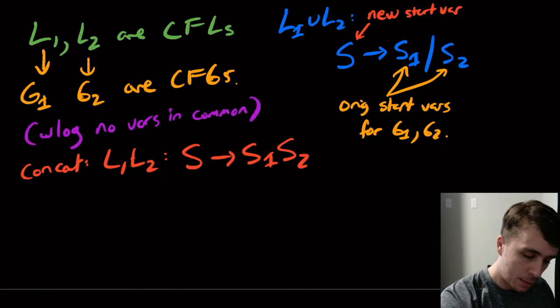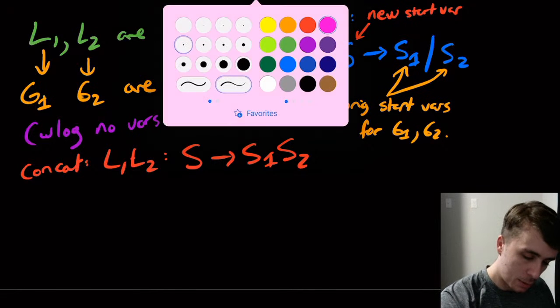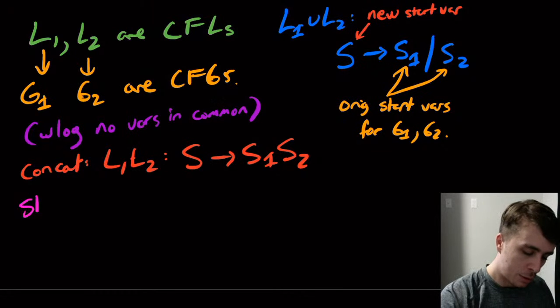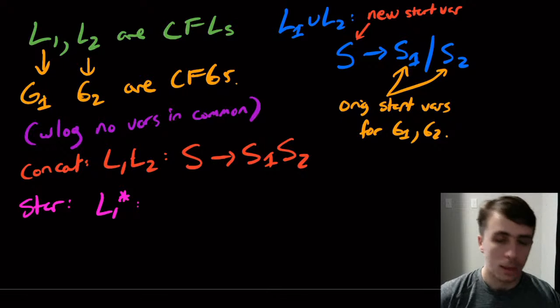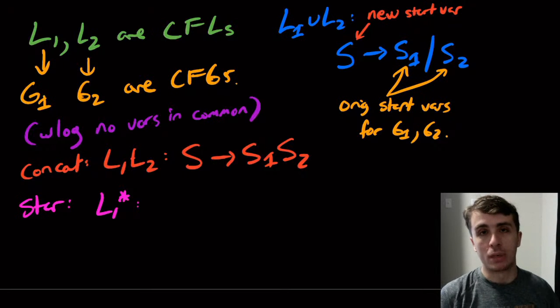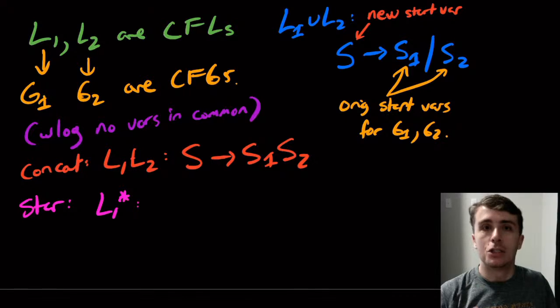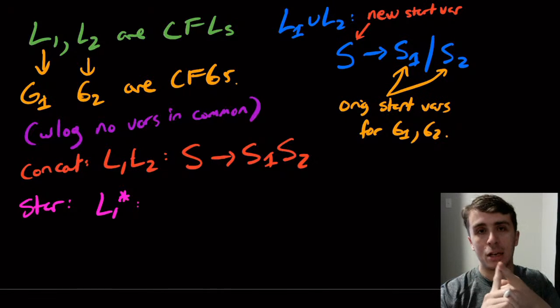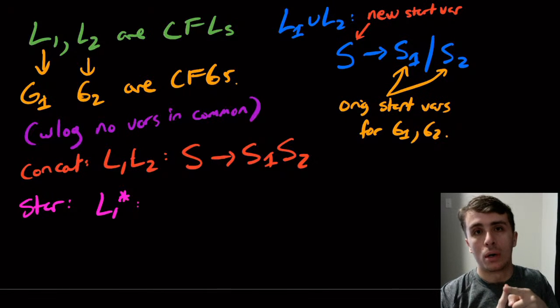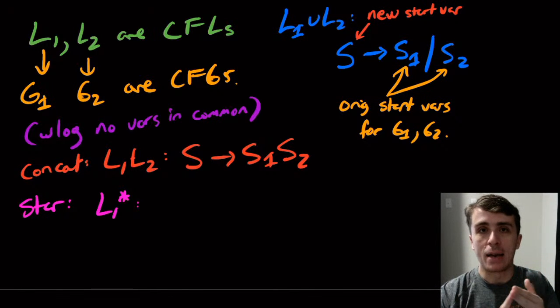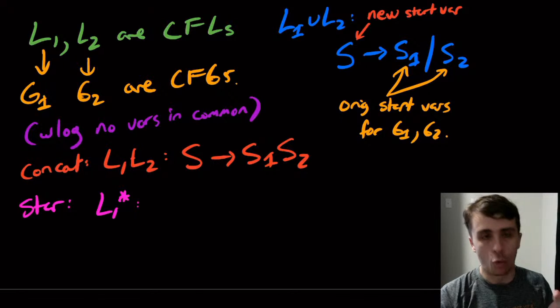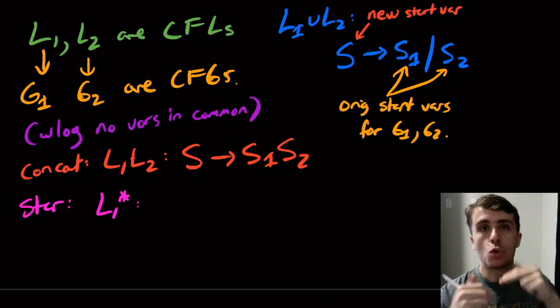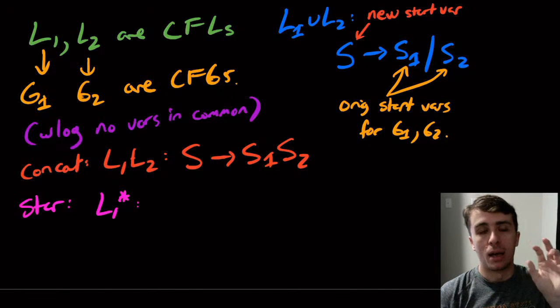All right, what about for star? Let's do pink. So for star, that is L1 star. The way to handle this one is to think about what star is. Star is either it includes the empty string, or inductively, you pick a string out of the language, let's say L1 here, and then you concatenate it with a bunch of copies of L1.